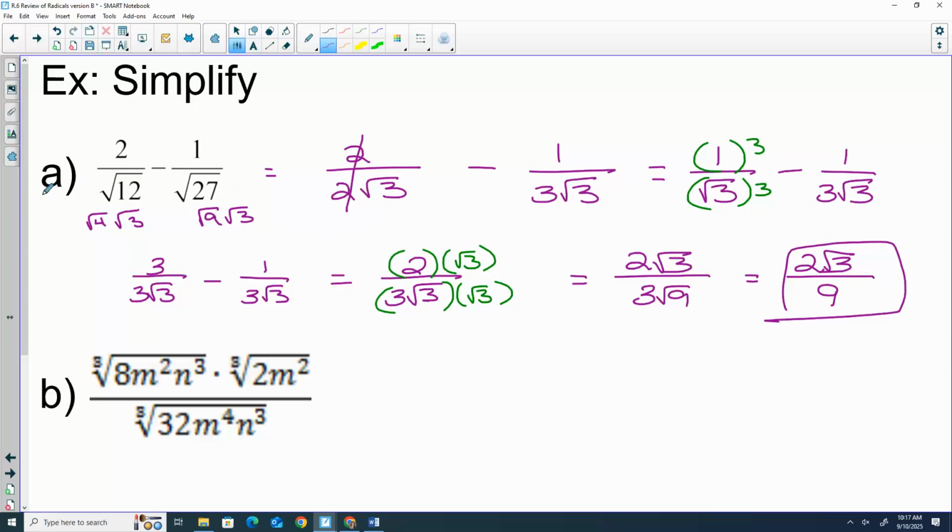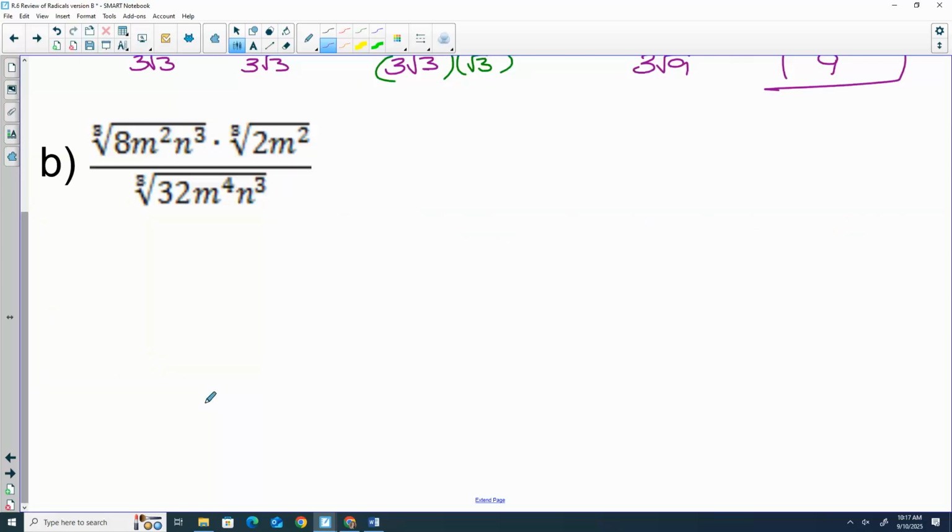Last problem of the day. Yikes. That's a cube root. Sorry, it's a little blurry. We have a lot to do.